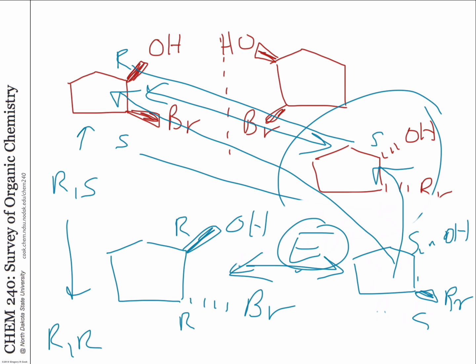With the diastereomer, not everything has switched. So I don't want to say only one has switched. If you have 5 stereocenters and 4 have switched but 1 hasn't, then it can't be a mirror image. If 1 is the same, it can't be a mirror image. It's got to be a diastereomer.